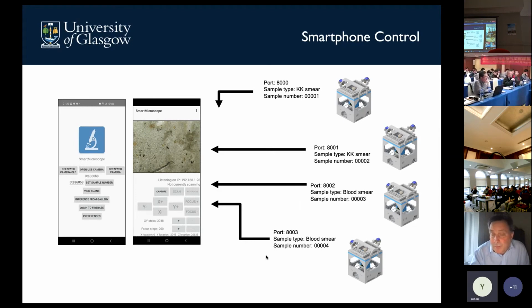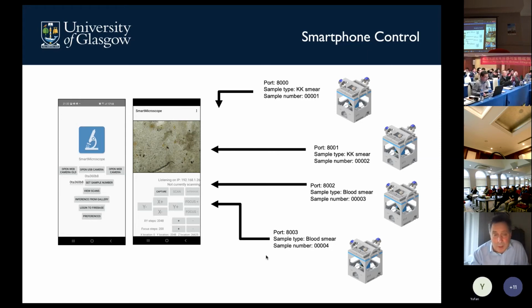We use a mobile phone in this photo where we've developed an app which enables us not only to control the scanning, but also to collect data. And we collect that data as tiled images. And again, we use our same blockchain type interface, which we go to a decision support tool, which we can either run on the mobile phone or we can run in the cloud as before.